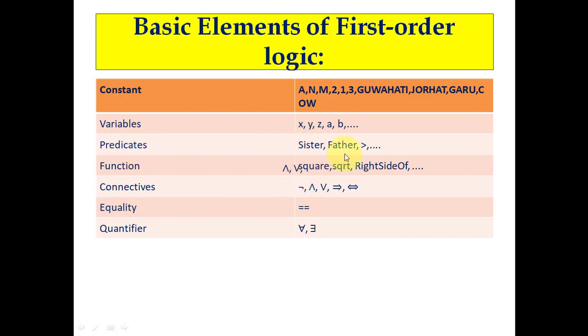Predicates are sister, father, greater than. And functions, you already know, like conjunction, disjunction, square, square root, right side of. Then connectives, which I also introduced in the previous lecture: negation, conjunction, disjunction, implication, double implication. And then equality, and quantifiers. We have two quantifiers, for all and there exists. These are the basic elements of first order logic.